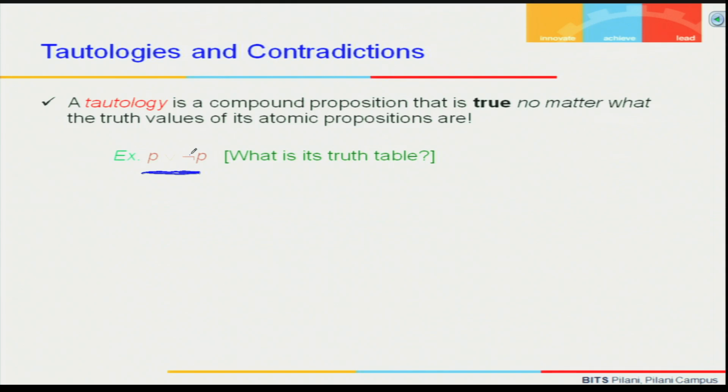If we construct a truth table of this compound proposition, this is P, and this is the compound proposition that we are talking of.